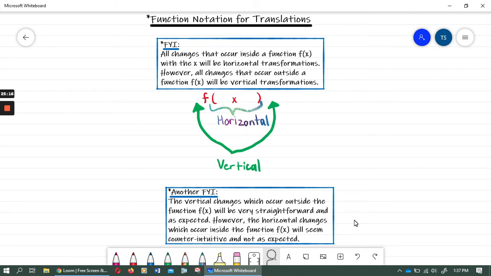So again, vertical changes are straightforward and as expected, while the horizontal changes will seem counterintuitive at first, like the opposite of what you would normally expect for the horizontal part.